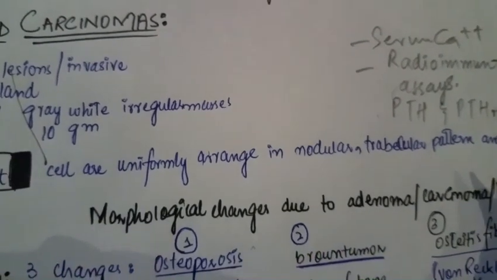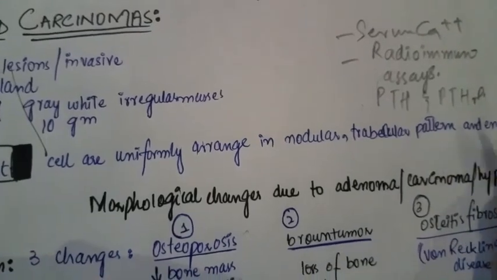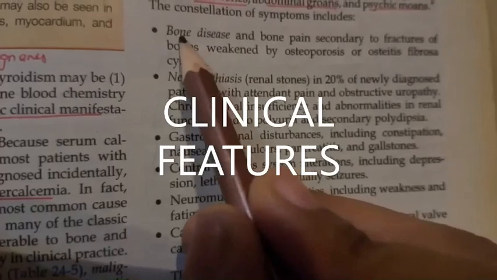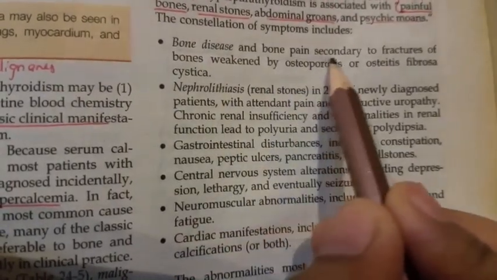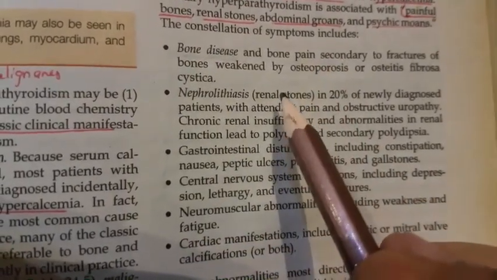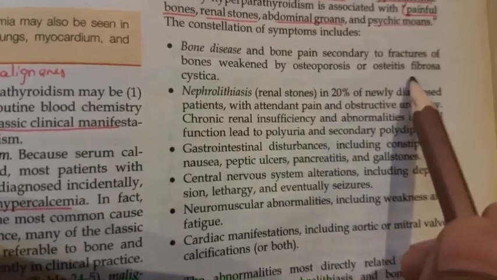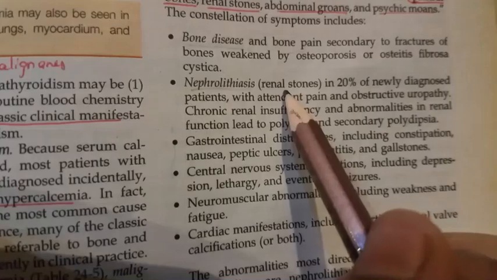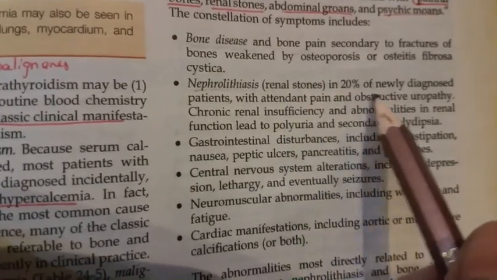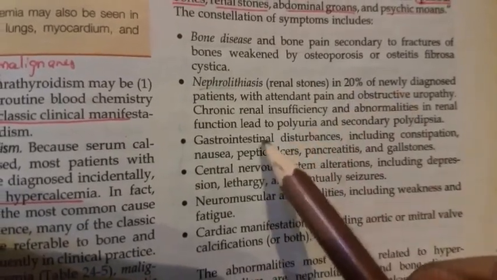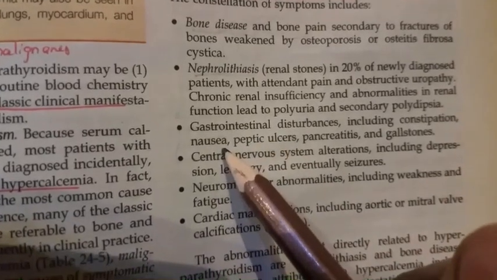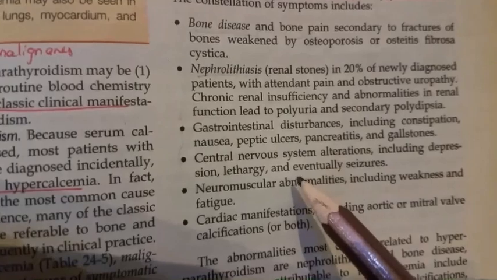What can be the clinical features or symptoms present? As I discussed, bone disease and bone pain secondary to fractures weakened by osteoporosis and osteitis fibrosa cystica. There will be nephrolithiasis, renal stones, in 20% of newly diagnosed patients. There may be GIT disturbance including constipation, nausea, peptic ulcer, pancreatitis and gallstones.